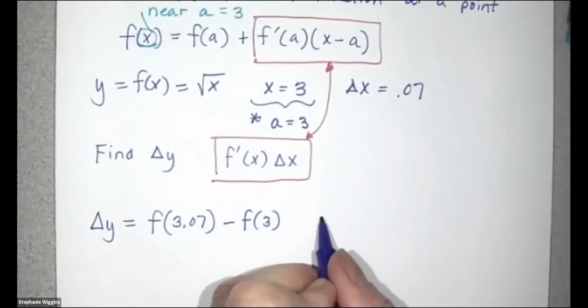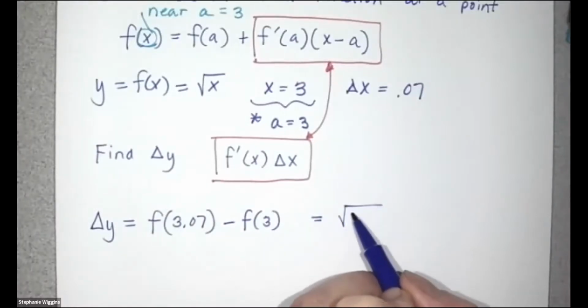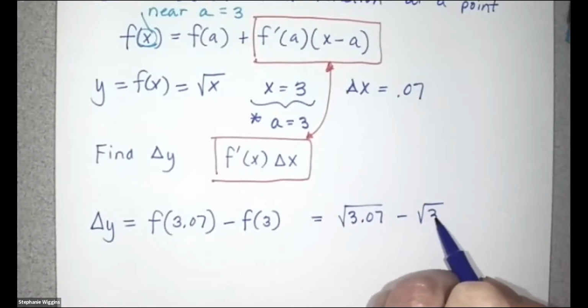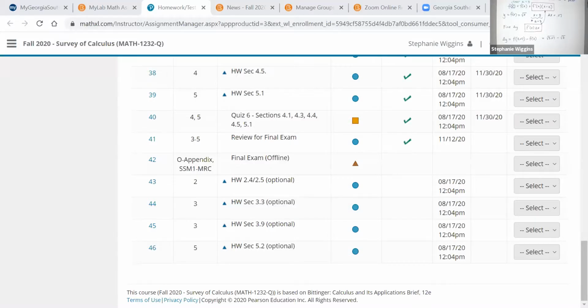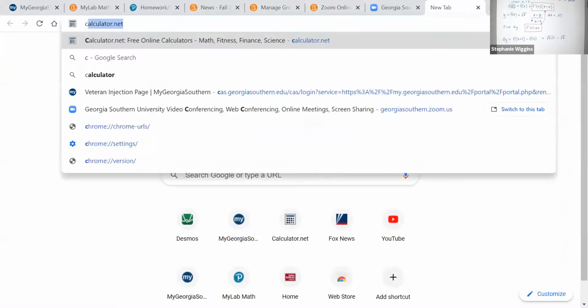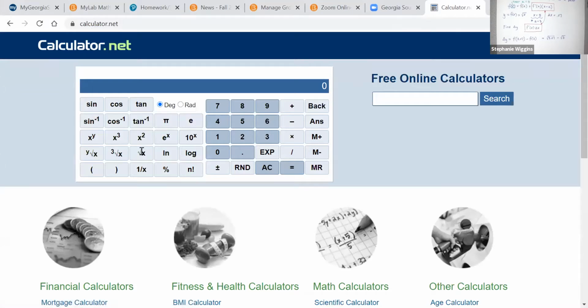Because it's the square root, you're going to be taking the square root of 3.07 minus the square root of 3, and you're going to need your calculator for that. I think I'm going to go over here and use this screen. So the change in y is 0.02.